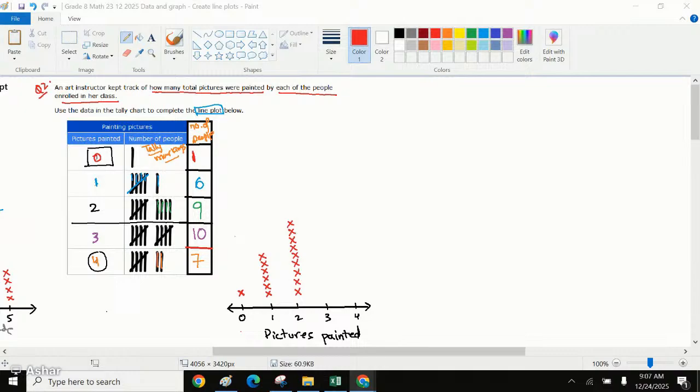They were painted by 10 people, right? So we draw 10 markings over here. 1, 2, 3, 4, 5, 6, 7, 8, 9, and 10. And 4 pictures were painted by 7 people. So we write 1, 2, 3, 4, 5, 6, and 7, right?